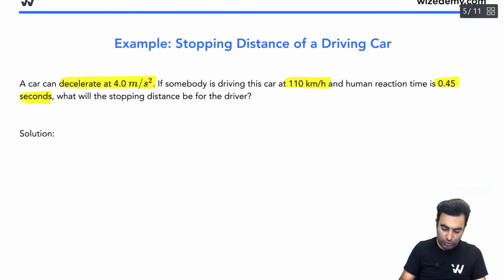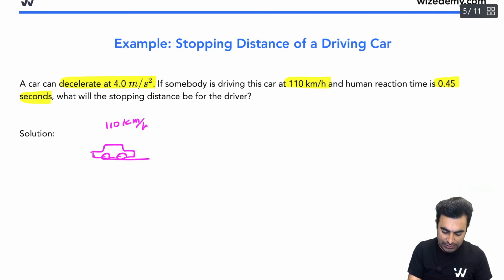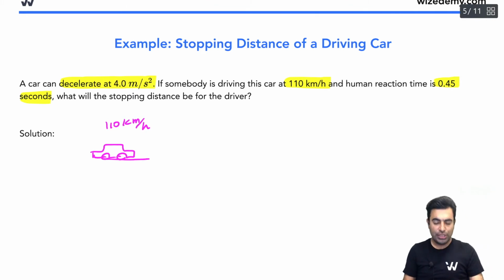Okay, so let's see what it means here. We have a car which is driving. Let me draw a schematic picture for you. We have a car which is driving here, and the speed is 110 kilometers per hour. So imagine, for example, the driver sees a kid jump in front of the car, and he wants to stop the car. Based on the information given to us, we need 0.45 seconds reaction time.